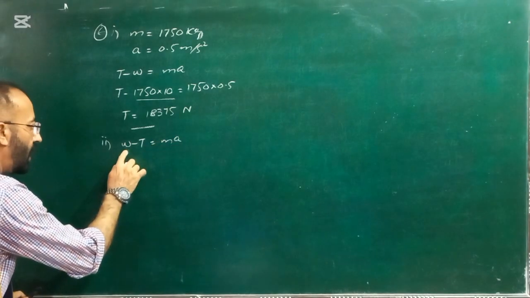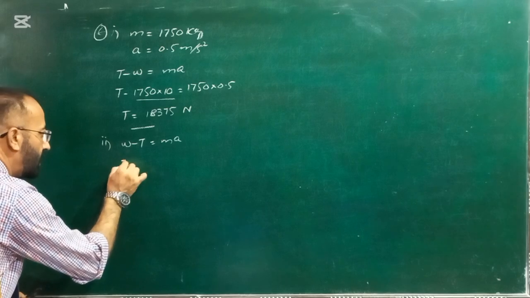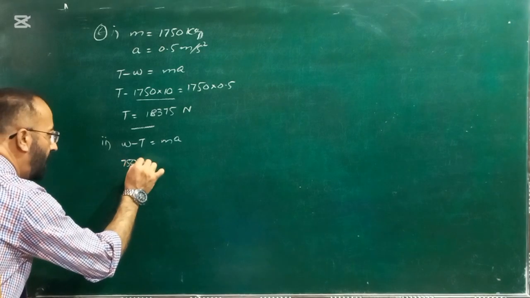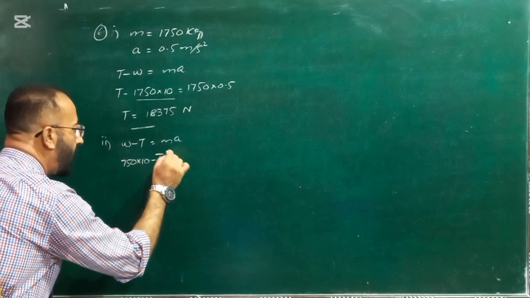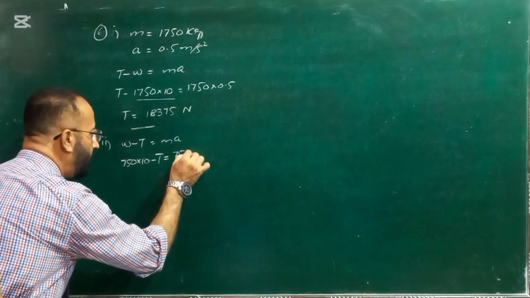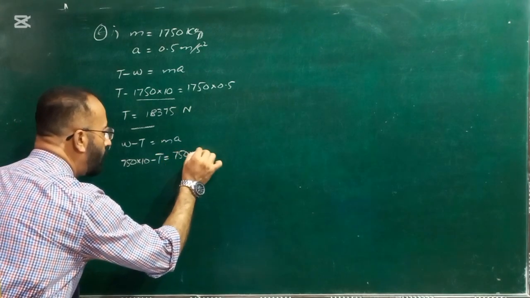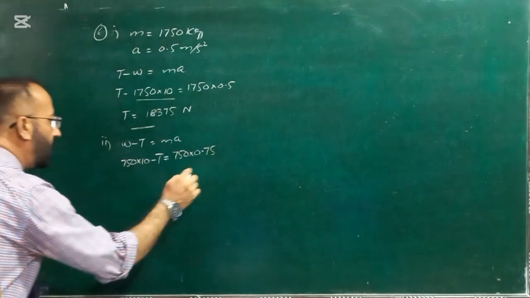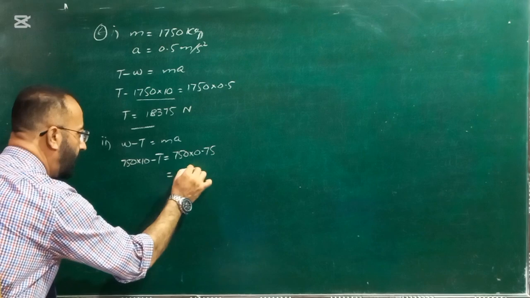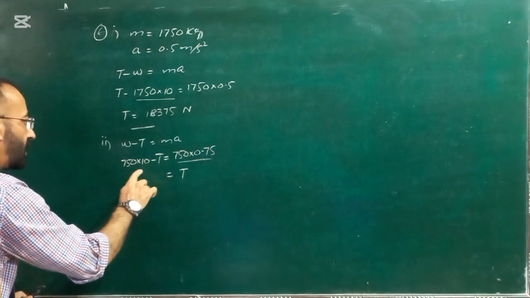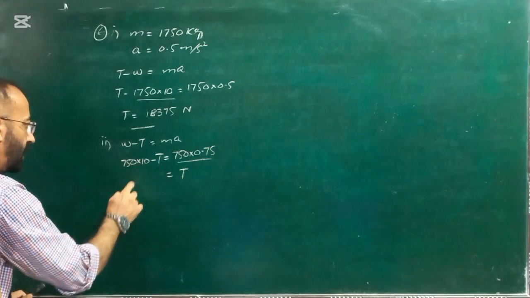W is equal to mg, so M is 750 multiplied by 10. This minus T remains as it is. M is 750 and A is 0.75. Now this vector will go to the right hand side and this vector will go to the left hand side and will be subtracted from this vector.